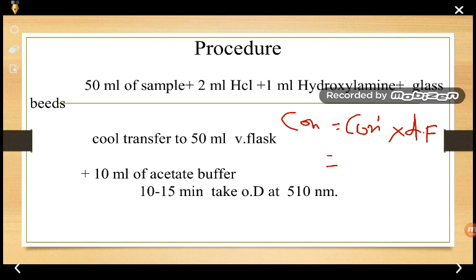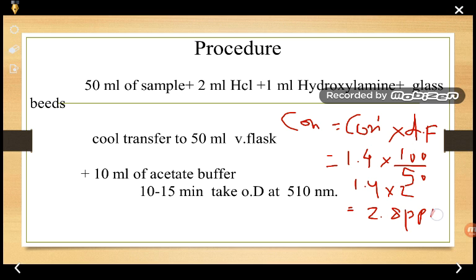If from the graph you get the reading as 1.5, into 100 divided by 50. So the 50 ml of sample was diluted twice. That's why we have written 100 by 50. So 1.5 into 2 will give you 2.8 ppm. So the concentration of the ion is 2.8 ppm.